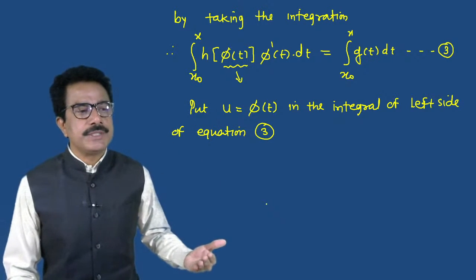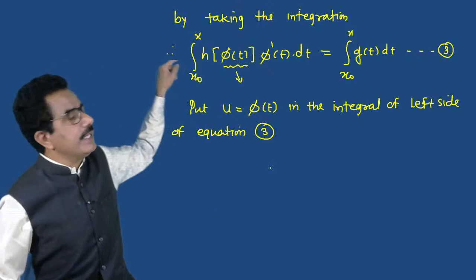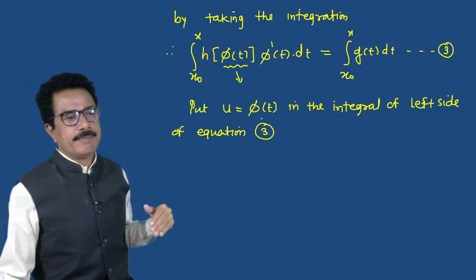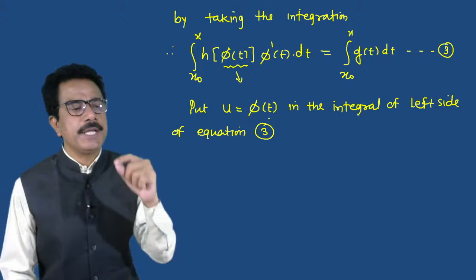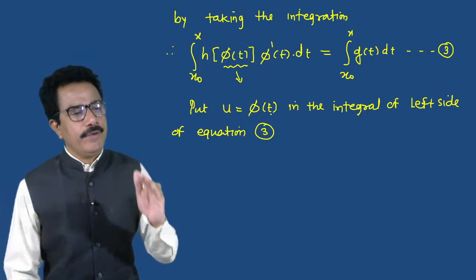If we substitute the variable u is equal to phi of t, then our limits will also change. In place of t, put x0, the new limit will be phi of x0.